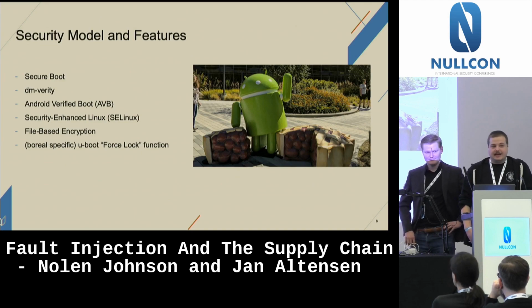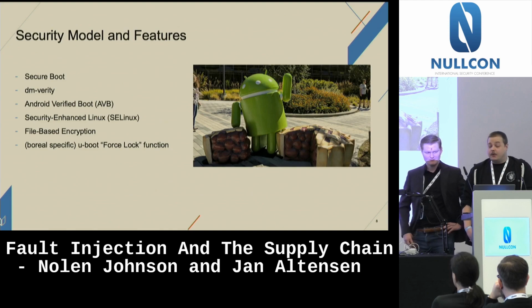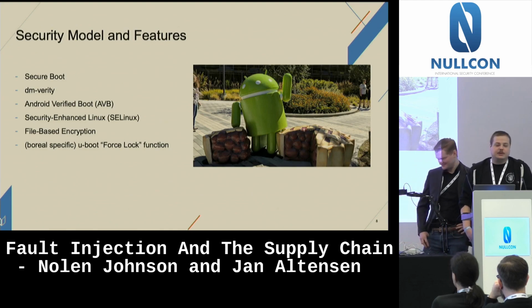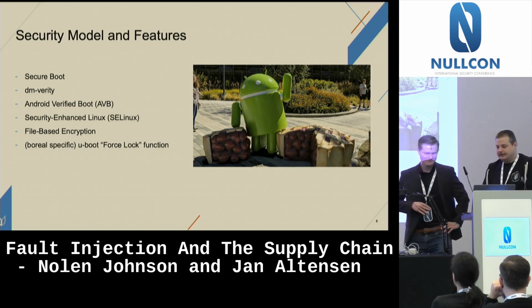Afterwards, you have SELinux, or Security-Enhanced Linux, which is being used for mandatory access control. You also have, additionally, file-based encryption for the user data. And for Boreal specifically, Google introduced something we call forced lock. We will talk about the forced lock a little bit later.